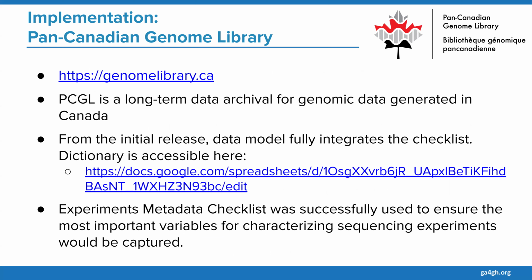From the initial release, the data model within the PCGL has fully integrated the checklist. There's a link to the data model of the PCGL here in the slide. And so far, the experiments metadata checklist has been successfully used to ensure that the most important variables for characterizing sequencing experiments would be captured.